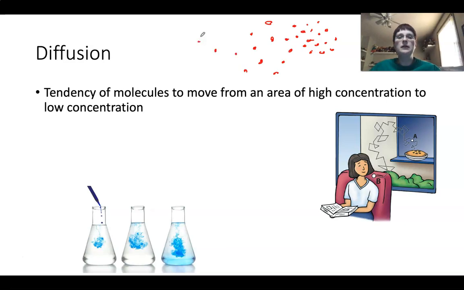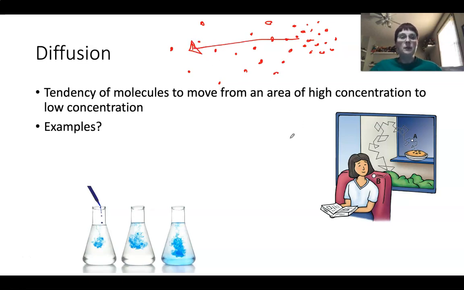And you've probably noticed this at places where there are crowds. When we can, we try and space ourselves out farther and farther apart. And so this is the idea of diffusion. Areas of high concentration move towards areas of low concentration. Okay.